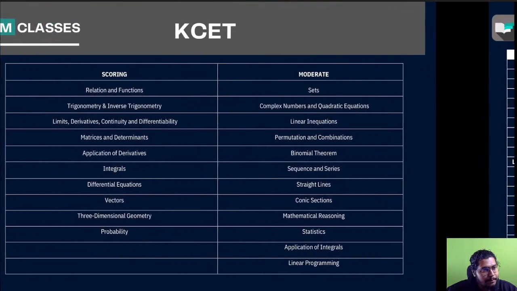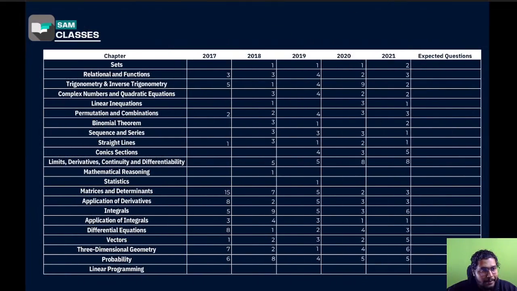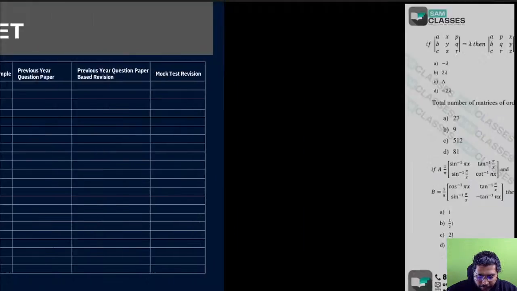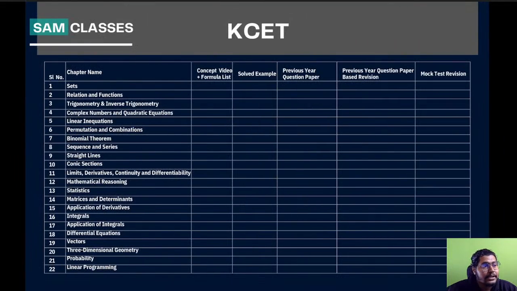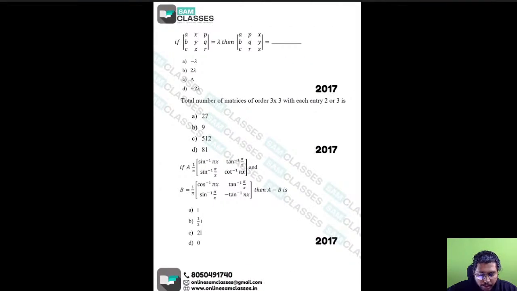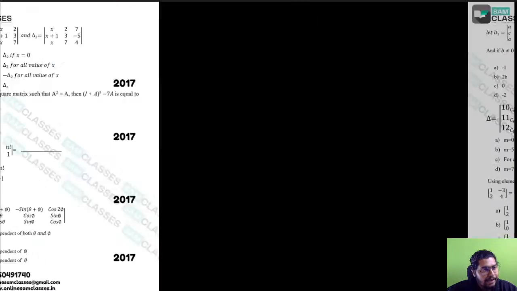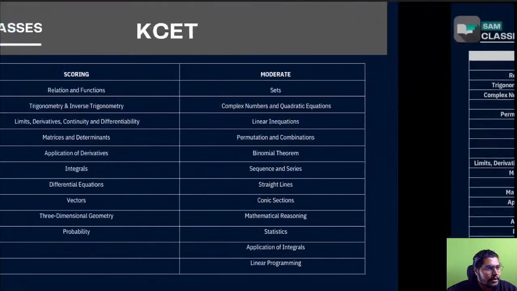We'll discuss important topics, the COMEDK analysis. Along with that, what are the things, which way to go, the chapters, the important questions, everything in detail we'll be discussing today. So we'll wait for 3 to 4 more minutes and we'll start the session.